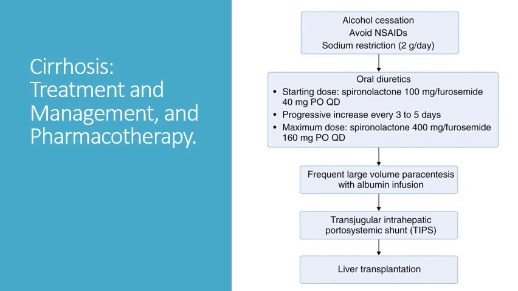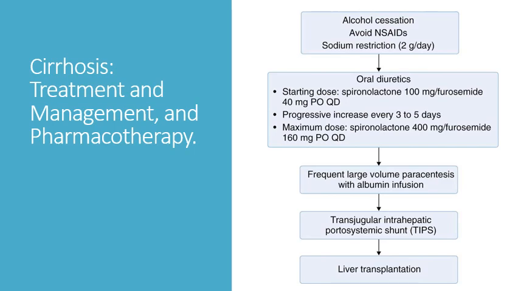It's not Lasix alone, and it's not Aldactone alone, but it's this combination, 100 to 40. If you want to increase, you may double or triple that. You can increase it every 3 to 5 days, but again, this ratio of 100 to 40 should stay. And it's been shown that this ratio works the best with ascites.